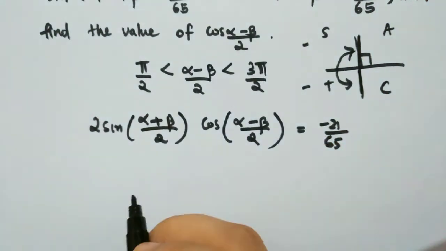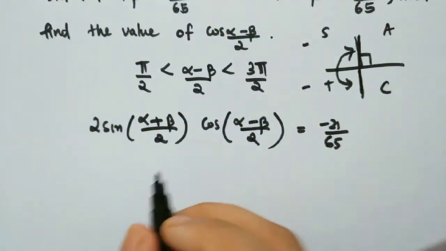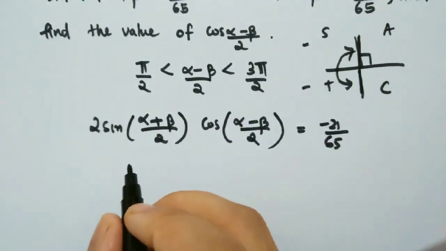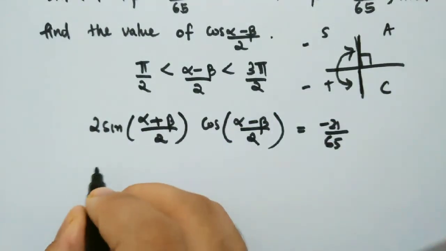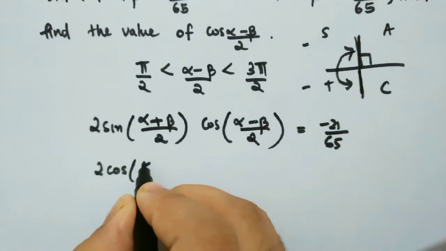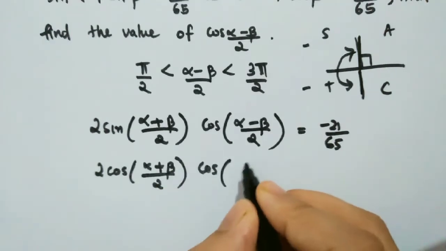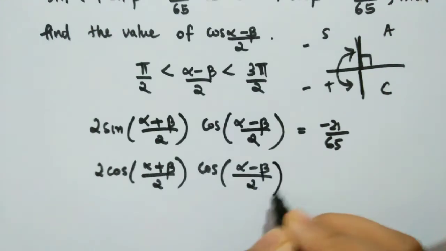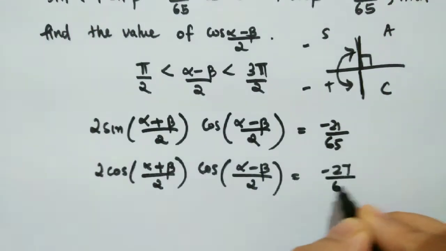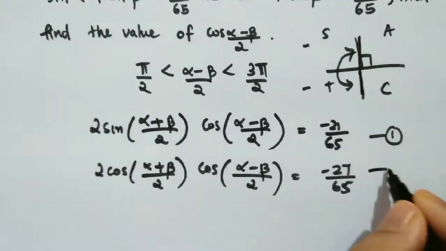Similarly, cos alpha + cos beta is −27/65. That can be written as cos x + cos y is what? 2 cos((x+y)/2) cos((x−y)/2), that is −27/65. Now we have these two equations.